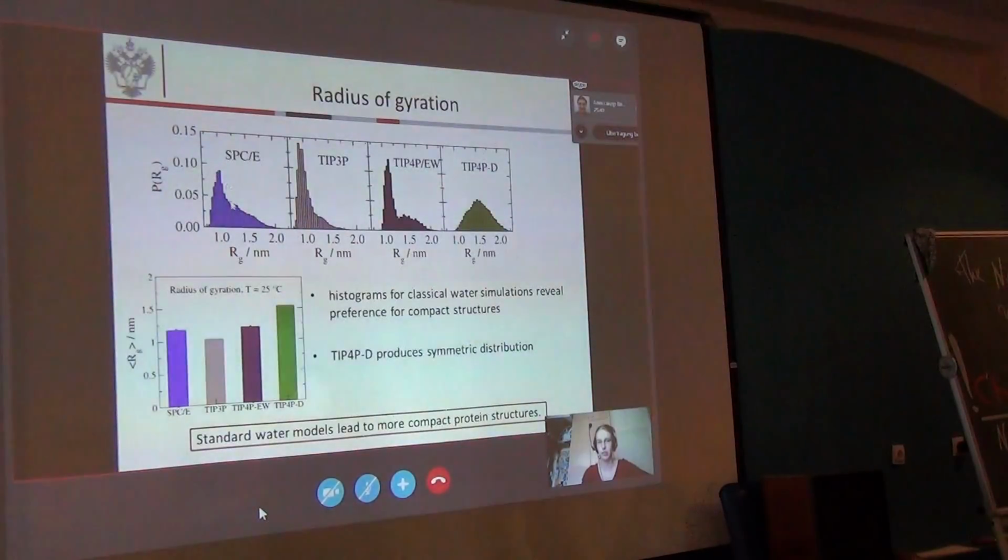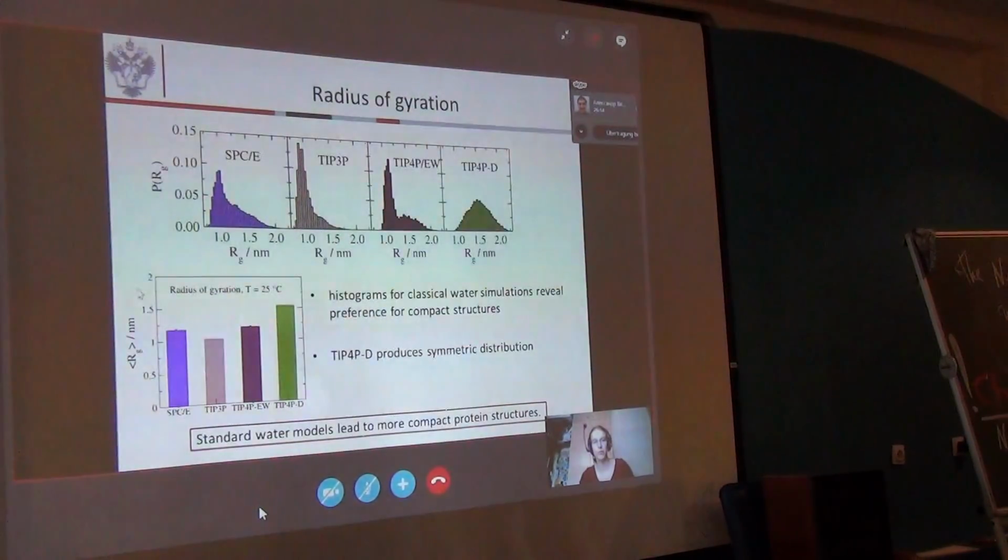So we have like a 2-hump distribution, and at least there's a preference for the compact structure. While for TIP4PD, this preference is relieved, and we have a symmetric distribution, which is expected for freely moving disordered proteins.